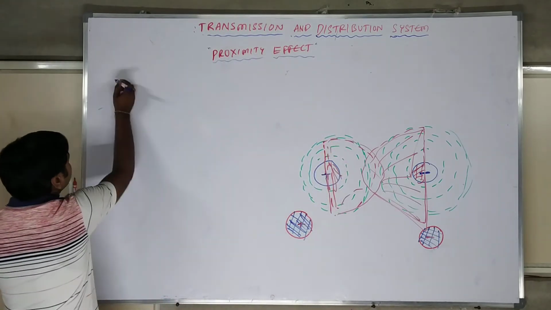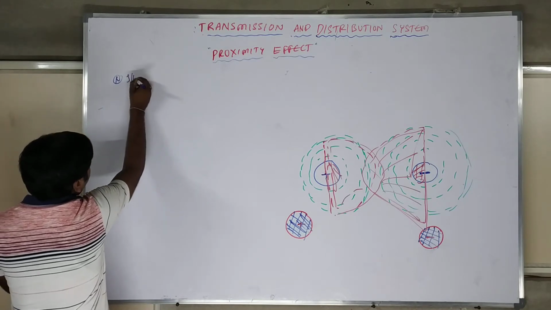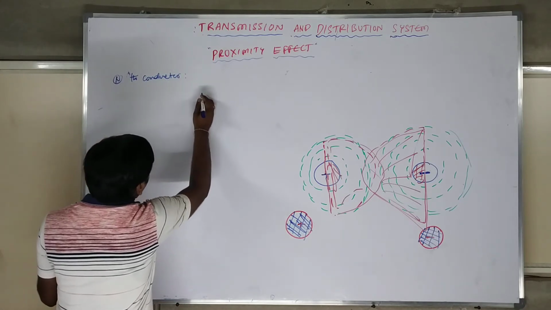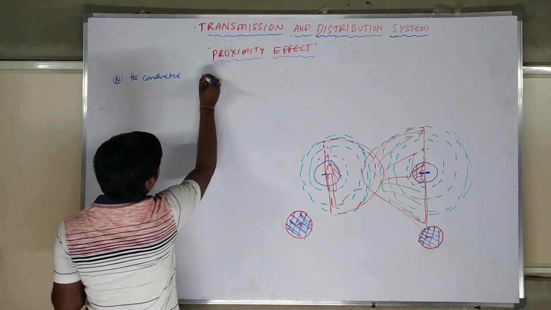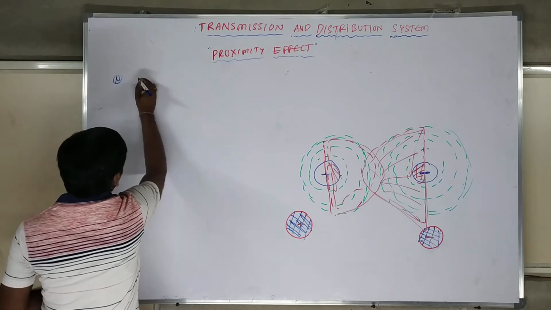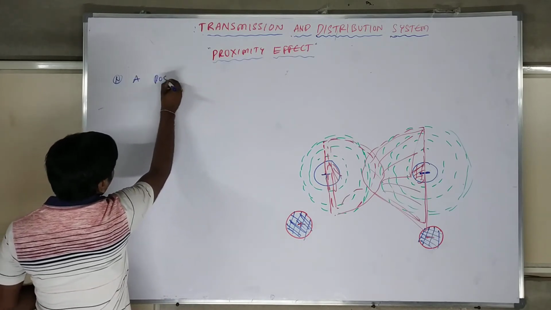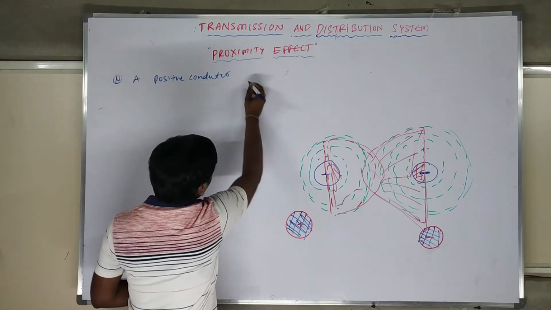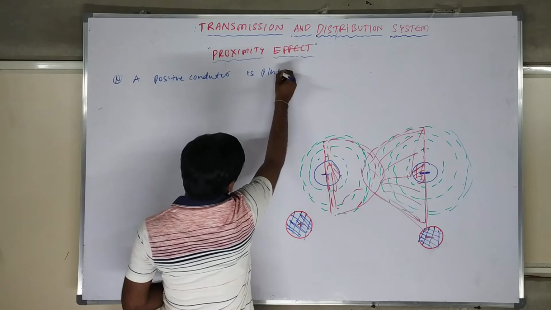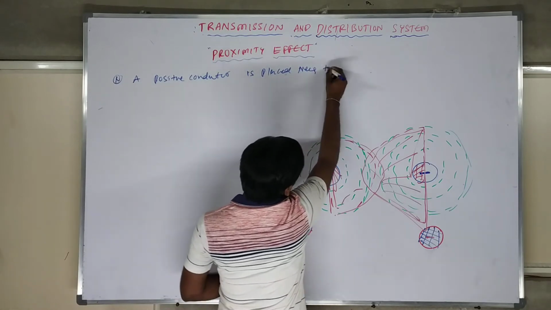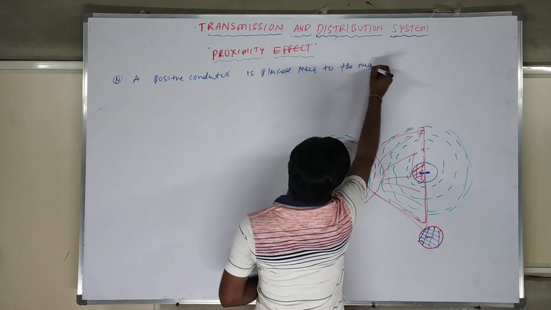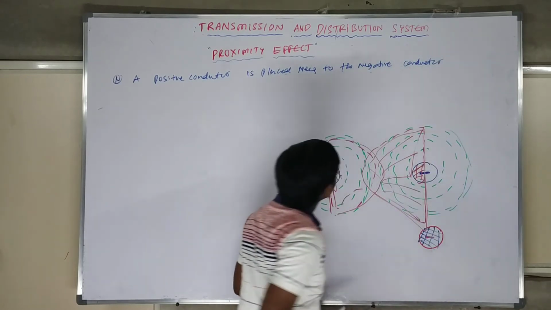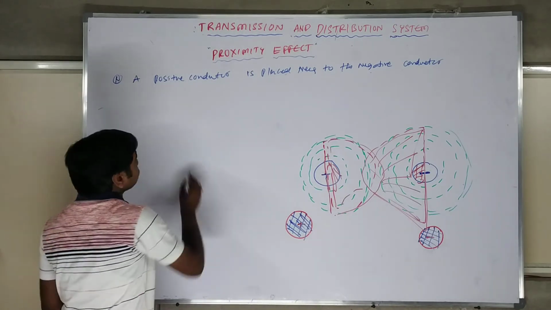So what to understand, I can write down. A positive conductor is placed nearer to the negative conductor.